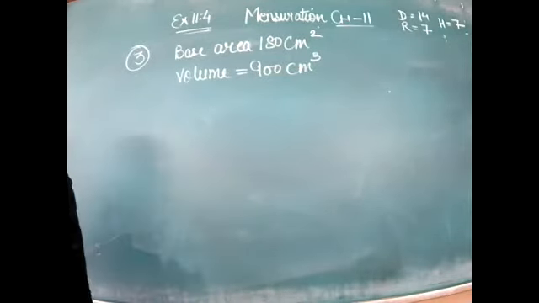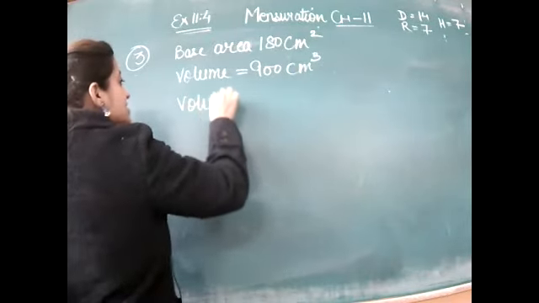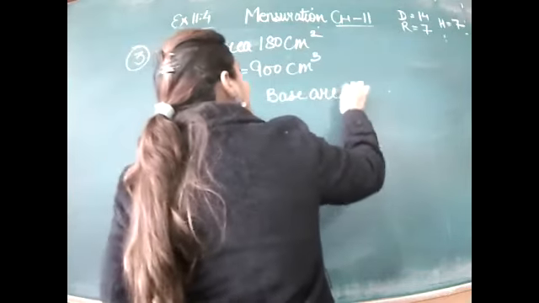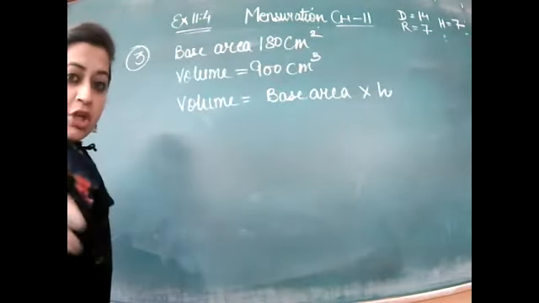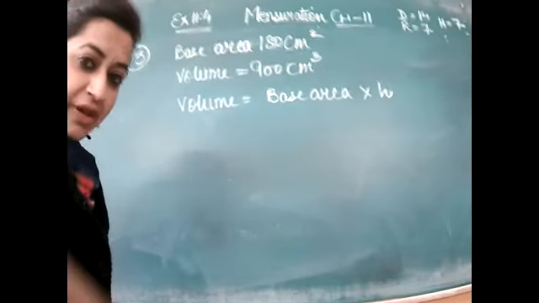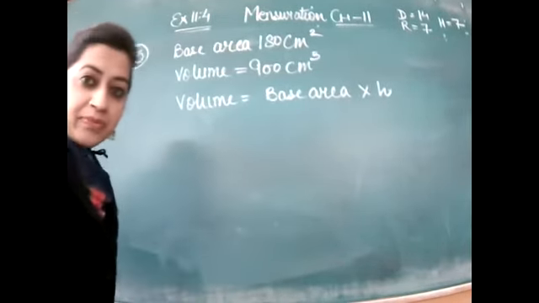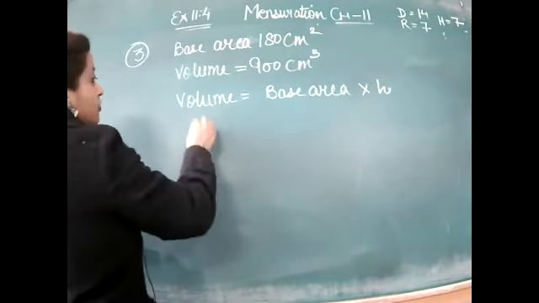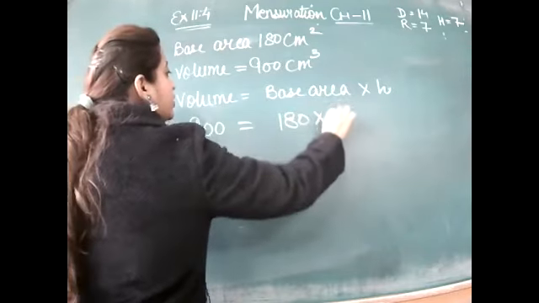We have just discussed in the beginning of this lecture that volume of any solid is equal to base area into height. Volume of any solid figure is base area into height. Volume is 900, base area is 180 into height.